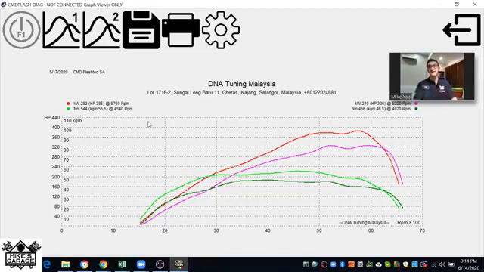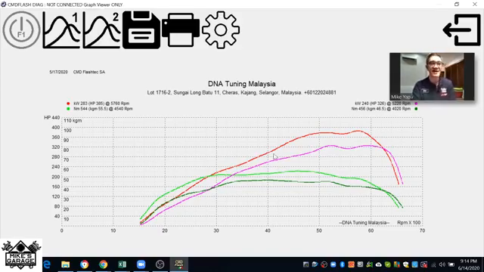It will detect the amount of air coming through the engine and calculate the actual horsepower of the engine via a scientific calculation from all the sensors in the engine, as well as in the gearbox and the ABS system. That's how they come up with the torque and power figures which you see here.